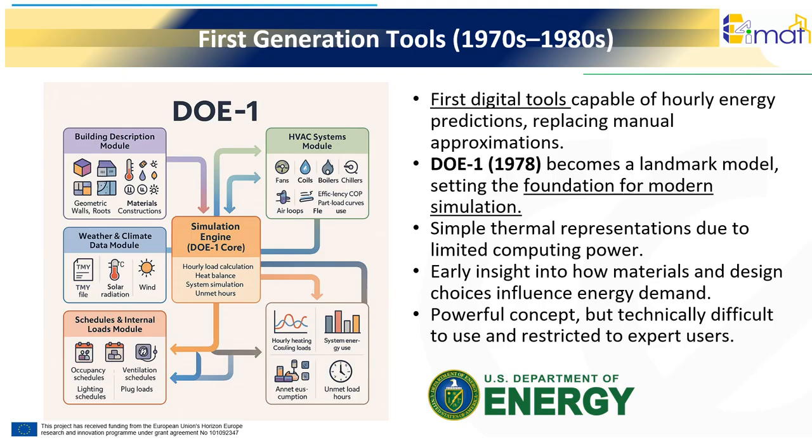DOE-1 allowed engineers to calculate heating and cooling loads on an hourly basis, something that had been impossible with manual methods. At the same time, these early tools were constrained by the computing power of the era. Material models were simplified, and many real building behaviors, like thermal mass effects, dynamic ventilation, or complex control strategies, were either highly approximated or omitted entirely.